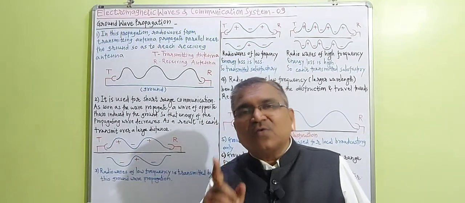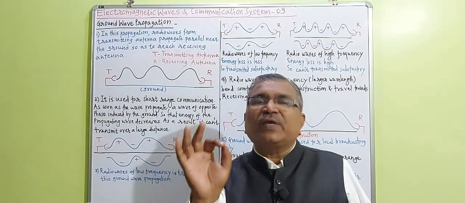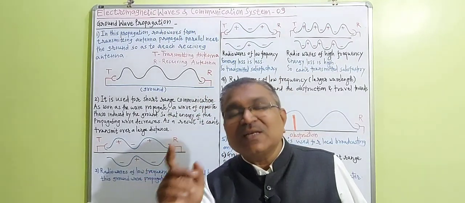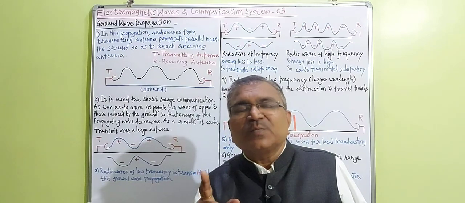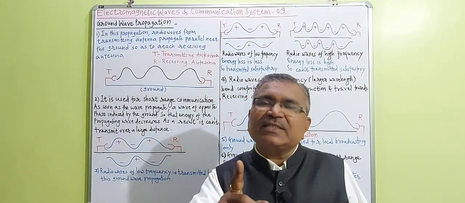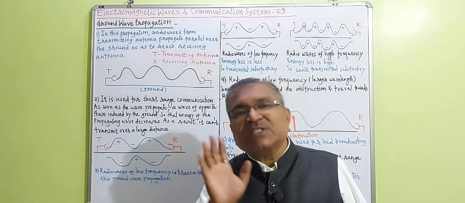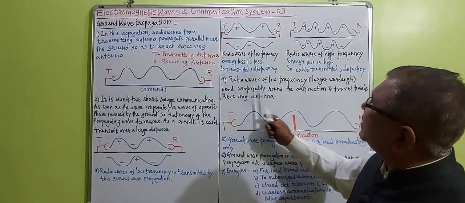So for ground wave propagation, the frequency of the radio wave should be as small as possible for satisfactory propagation, because if the frequency is low, then loss of energy during propagation is low, and such a wave can be satisfactorily transmitted.